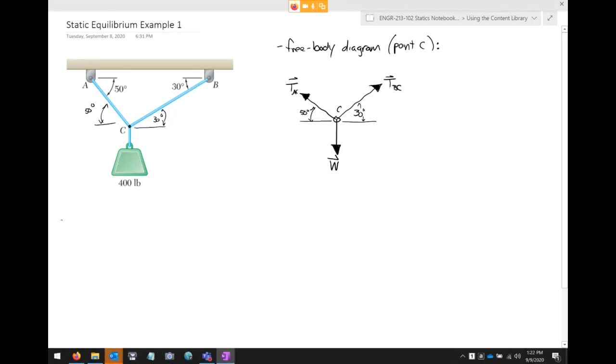All right. Now, the next thing that we're going to do is describe our vectors. So let's put description of vectors. And specifically, I'm going to use i-j notation.